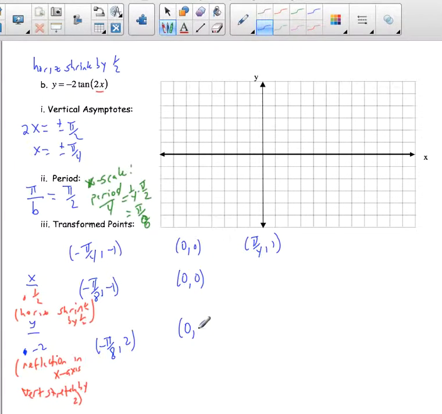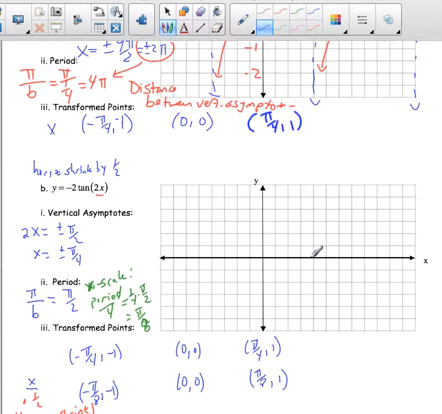Multiplying y by -2, it's still at 0. Pi over 4 times 1/2 is pi over 8, 1, and times -2, 1 times -2 is -2. So pi over 8, -2. Those will be our key points.